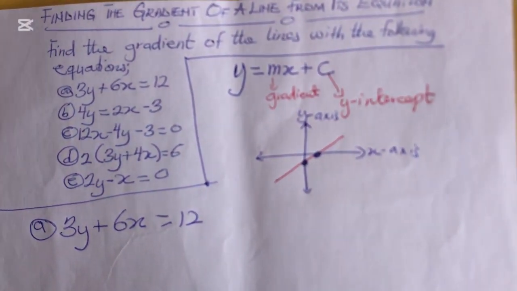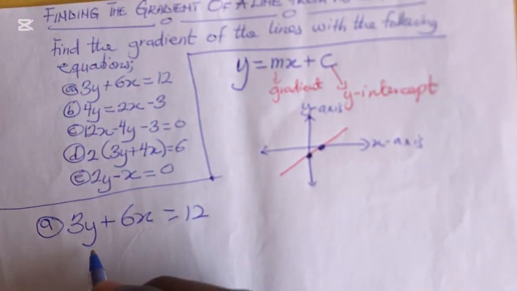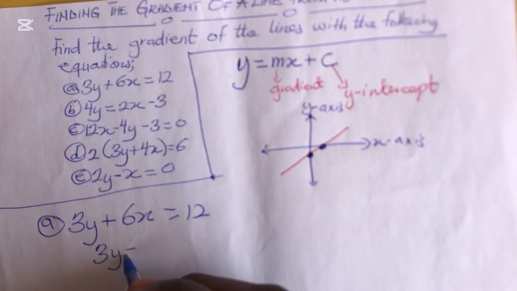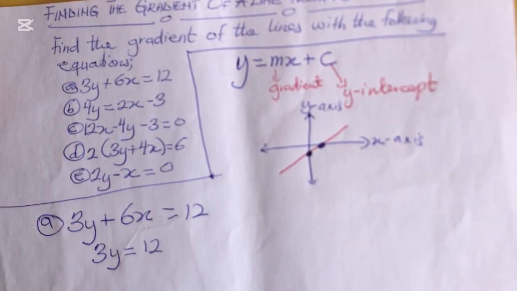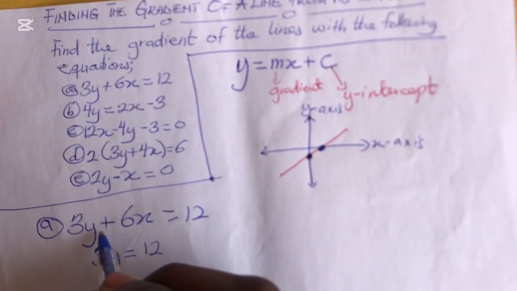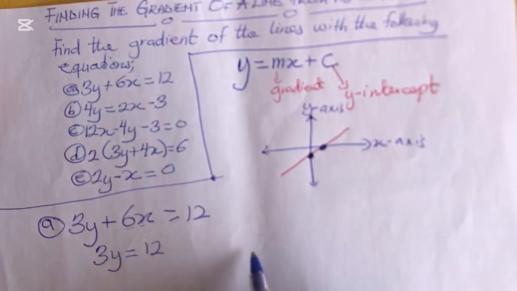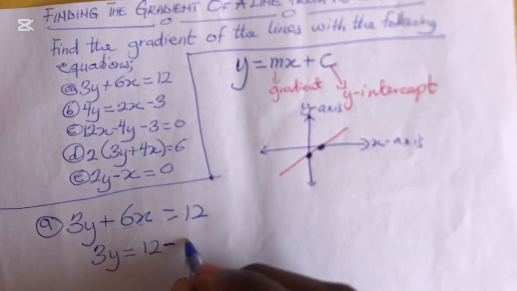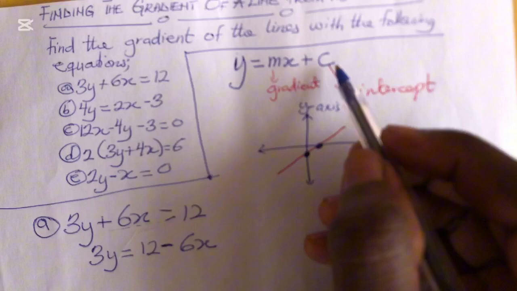Now, this is what is going to happen. We can see the y here, so we will not move the y term. So we will leave the 3y here. It's equal to, over here there's already 12. You take your time. But this plus 6x here, when it crosses the equal to sign, the plus has to change to minus. So it becomes minus 6x.